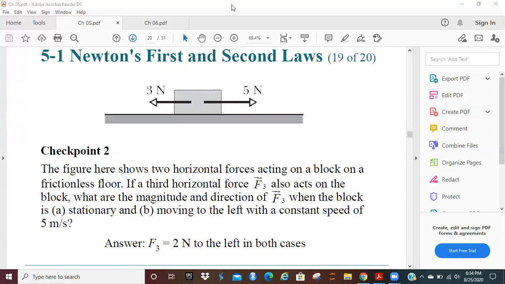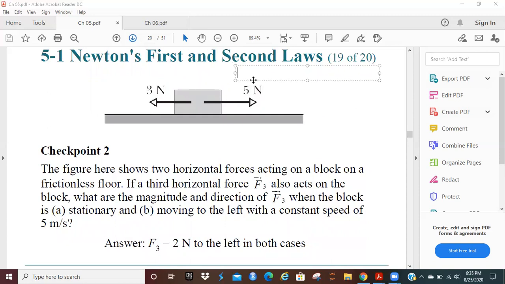We've got force number 3 here. We're not exactly sure how it is acting on this particular block, but what we do know is that in part A, if this block becomes stationary, how must that force be applied? Well, let's try this again.